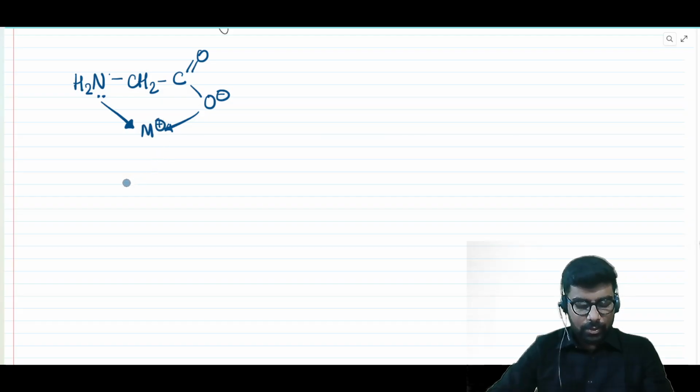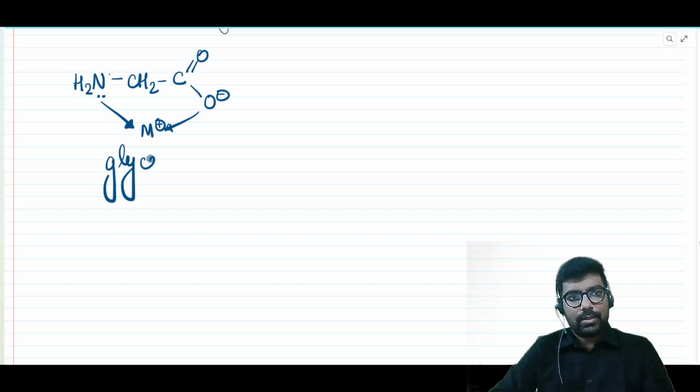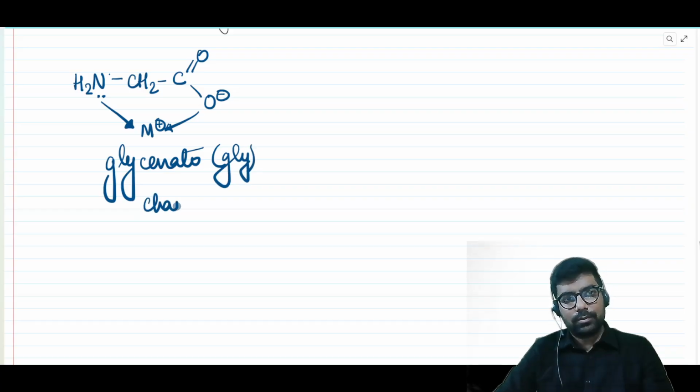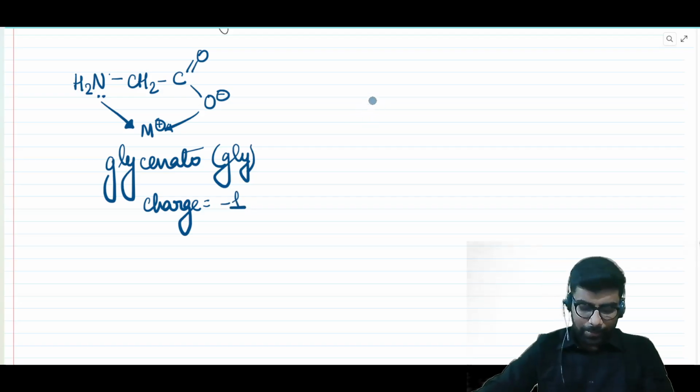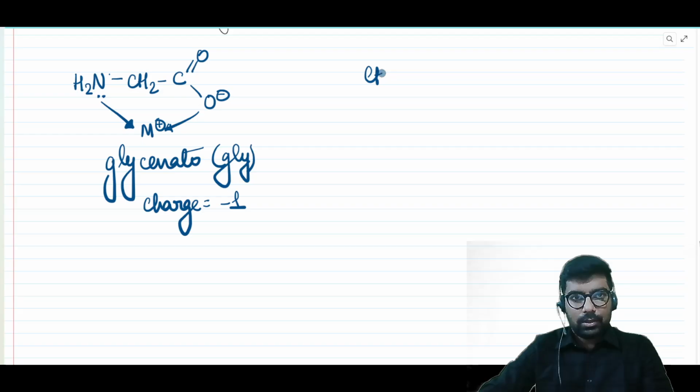So this is called glycinato. Again a negative charge, so again O will come. In short form it is gly, and the charge is minus 1.